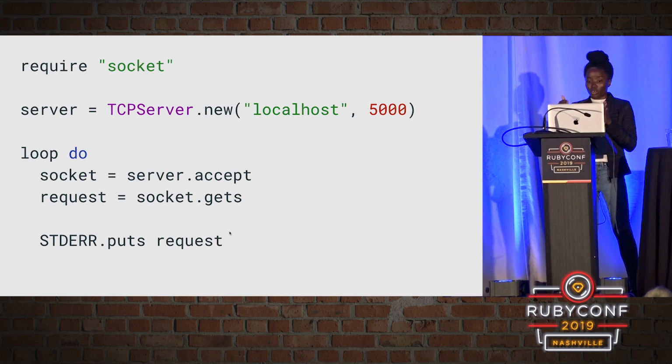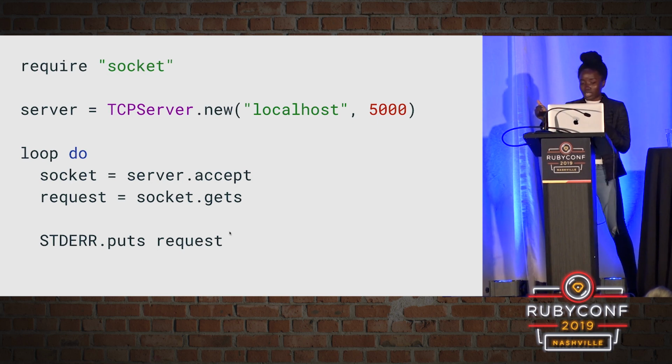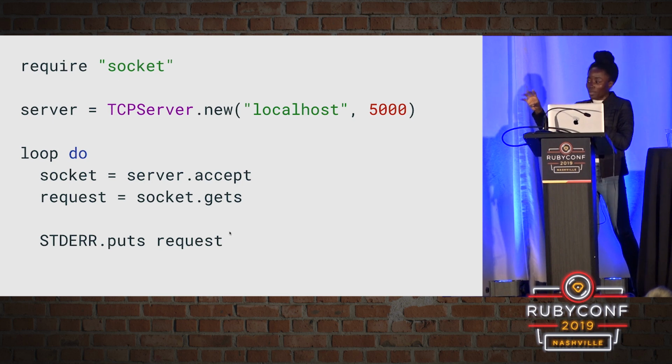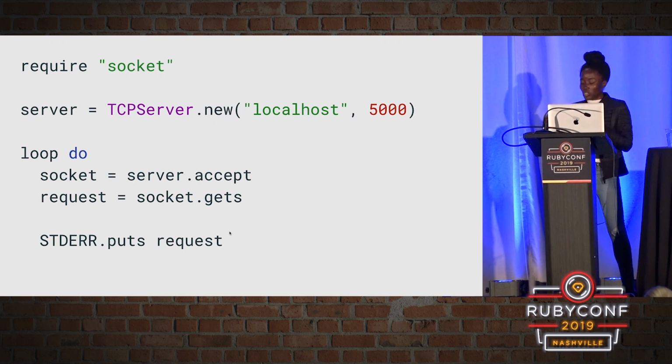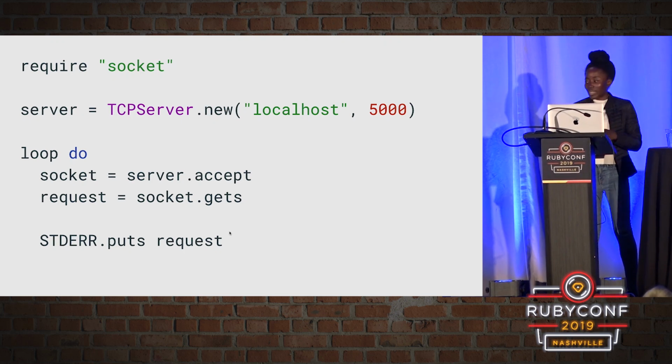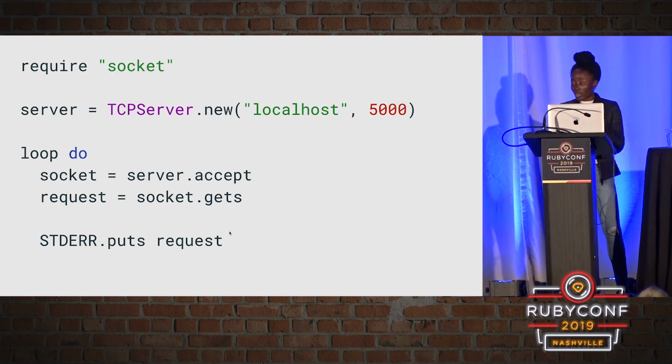If you go into the socket library, it explains that gets reads the next line from an IO stream. Because we've initialized our server to accept, there's an IO stream that is waiting to be connected to. So once anything hits the server, it's an IO stream, and using the gets method, we can read it. Then I'm just using standard error to print that out to the console.